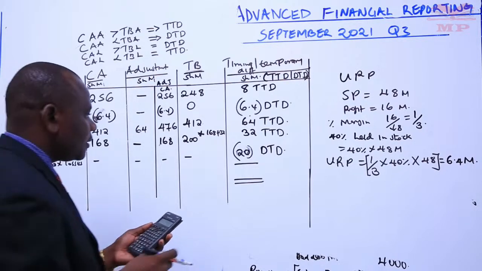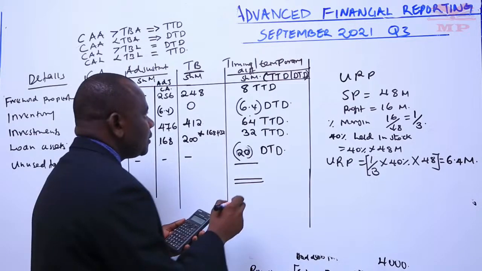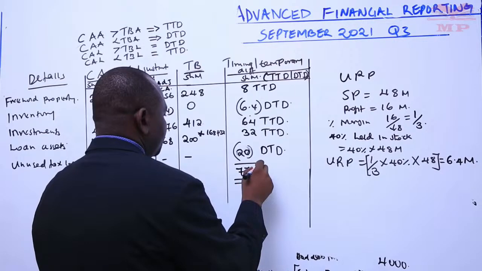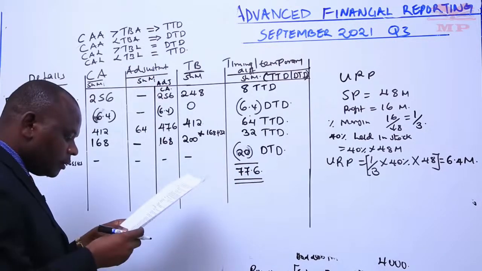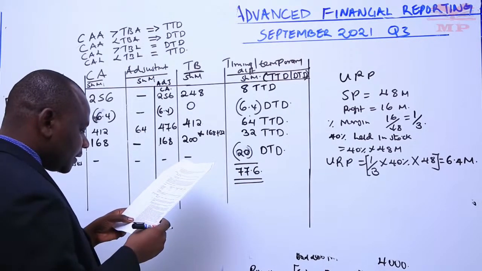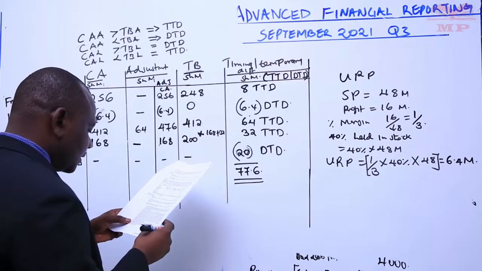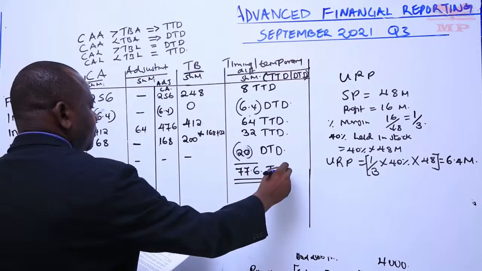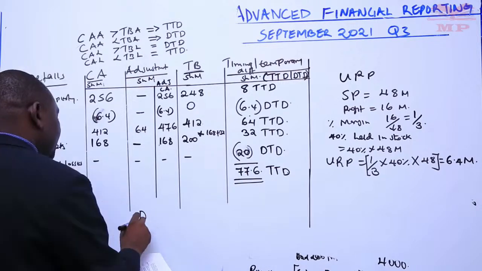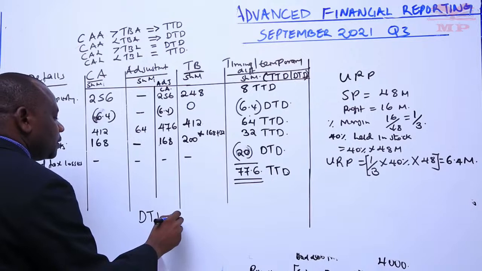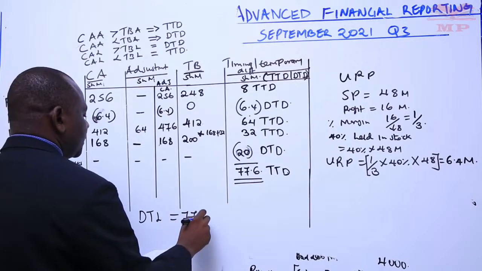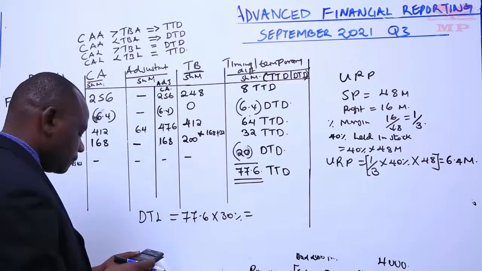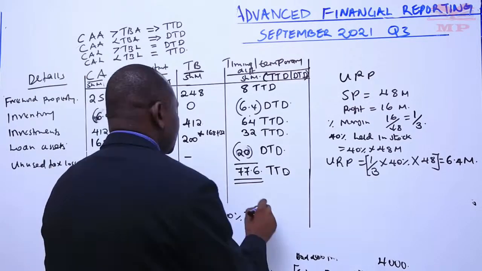We get 77.6, giving you net taxable. So our deferred tax liability is equal to 77.6 times 30%, 23.28.